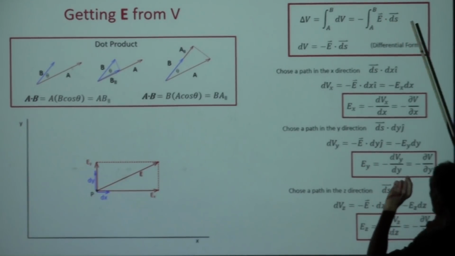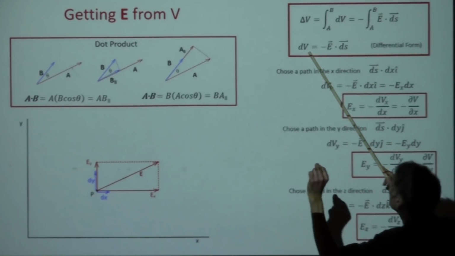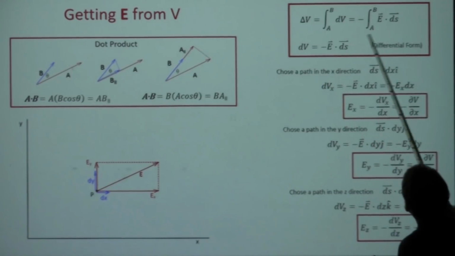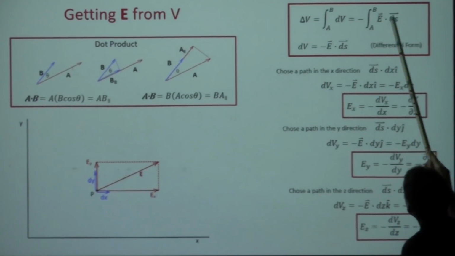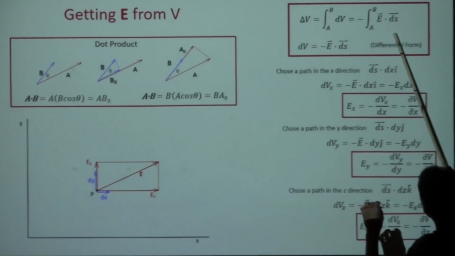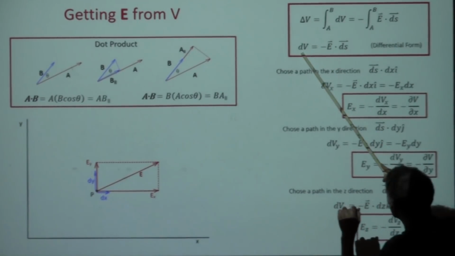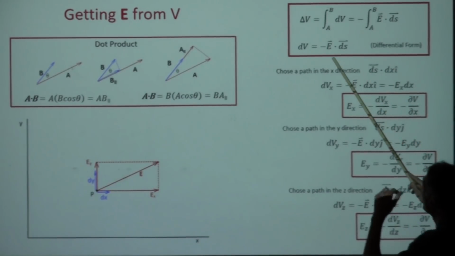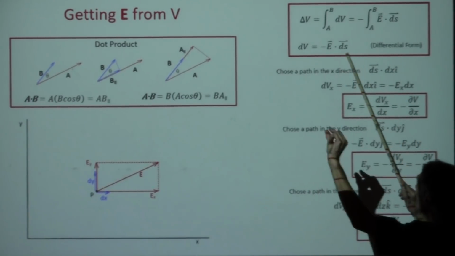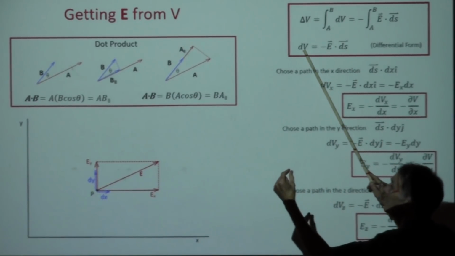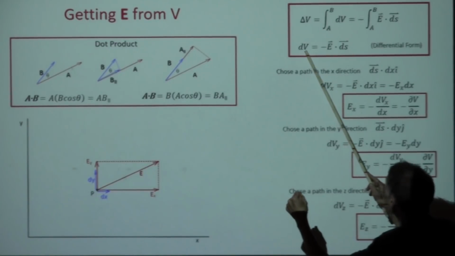If we look at what we're doing one step at a time, the little dV is equal to what's inside here. And of course, we can then take the integral and get it in its more familiar form. But this alone is what we call the differential form. You take the electric field dotted with some little tiny displacement, and that's going to lead to a little tiny change in potential.